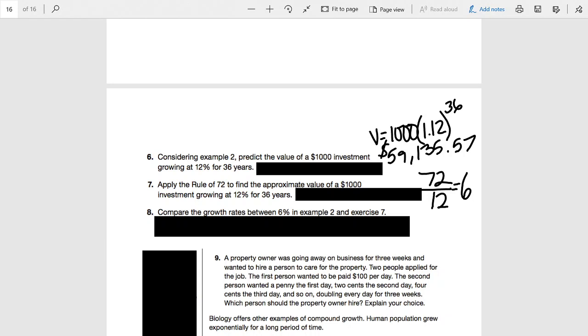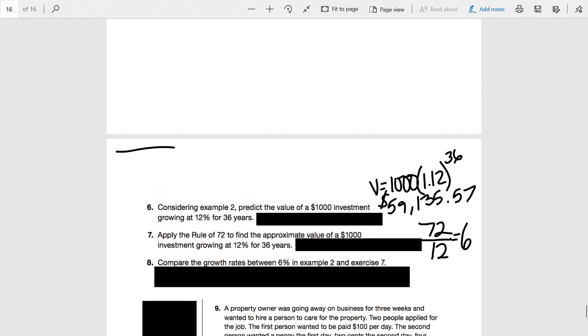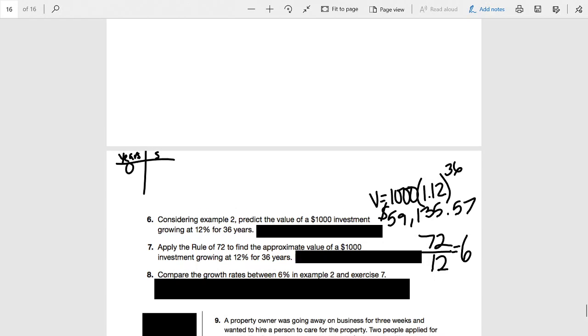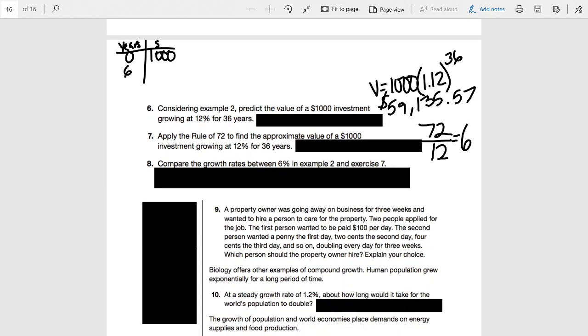Well, let me just make a little table over here. If I double every 6 years, so here's my years, here's my money. At 0 years, I'm going to be at that $1,000. But by 6 years, I'm going to be at $2,000. By 12 years, I'm going to be at $4,000. 18, I'm going to be at $8,000.